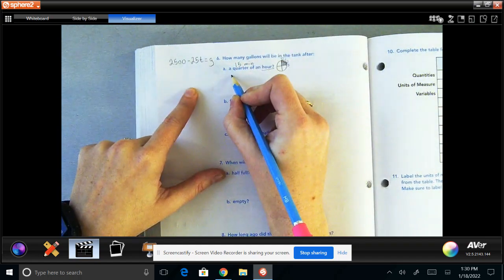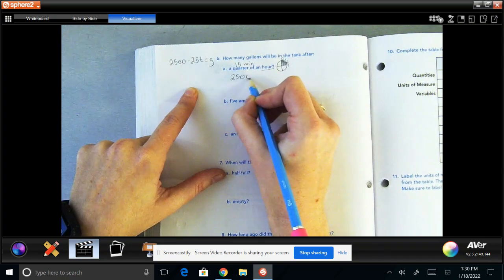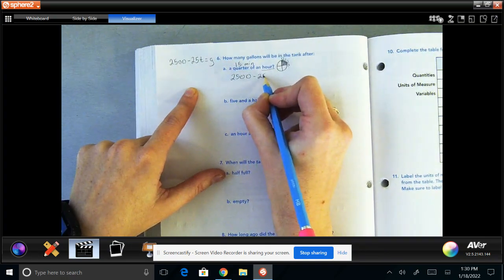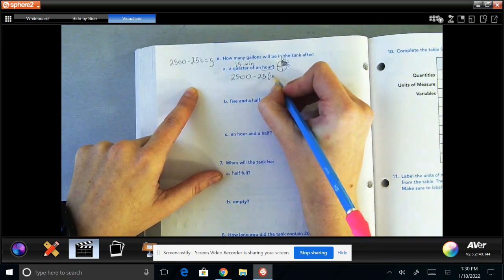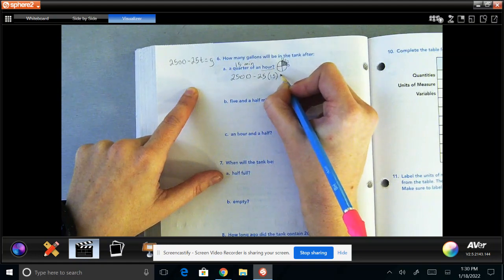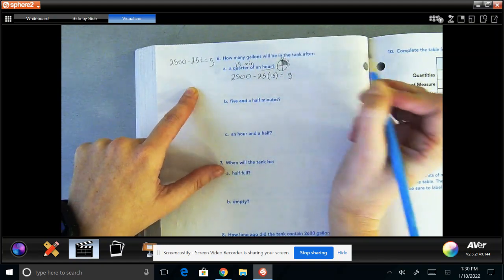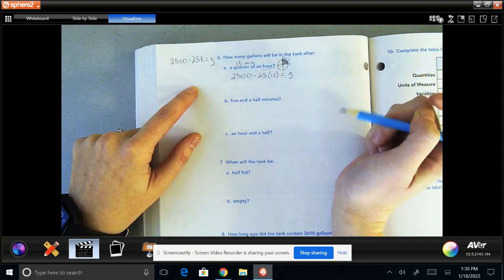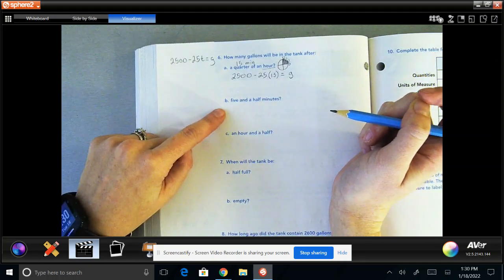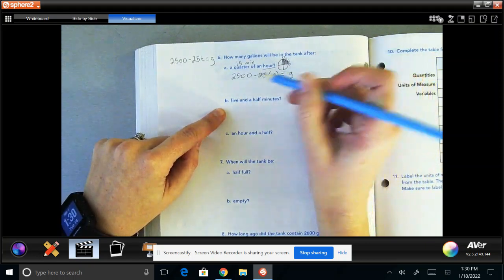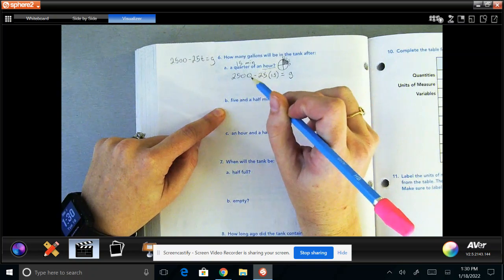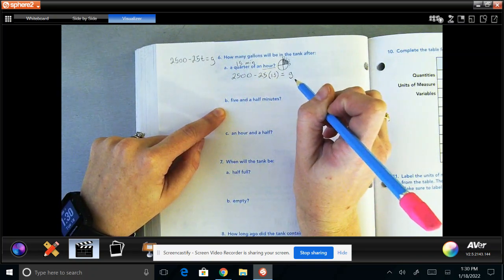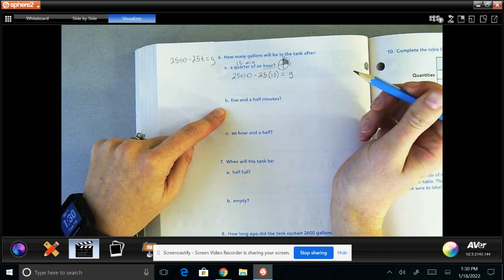So if I take my equation, 2,500 minus 25, multiply that by 15 minutes, it'll give me the number of gallons that will be in the tank. That's what you need to do. Follow order of operation to see how many gallons are left in the tank after 15 minutes.